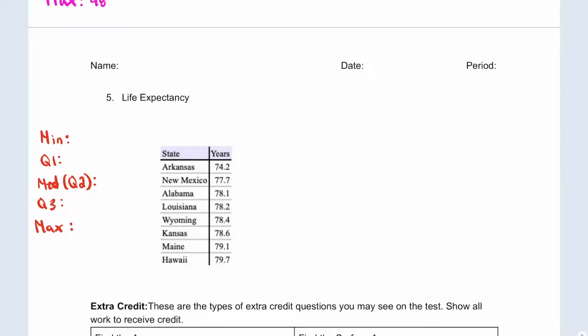All right, so it looks like my minimum is 74.2. My maximum is 79.7. Okay, let's go ahead and find the median here, crossing out from either side, crossing out, crossing out. There we go. If we have 2 in the middle, halfway in between 78.2 and 78.4 is 78.3.